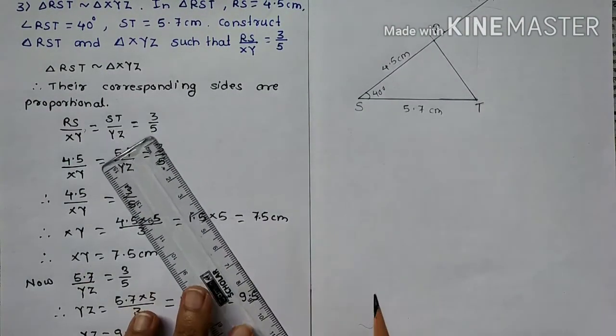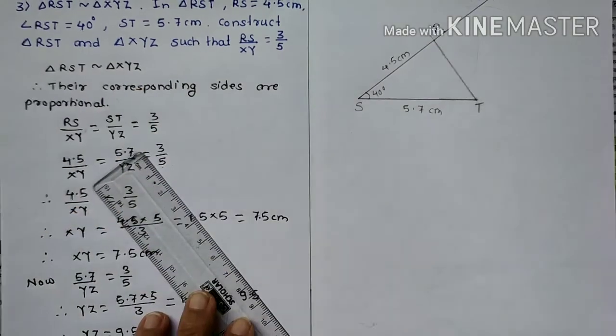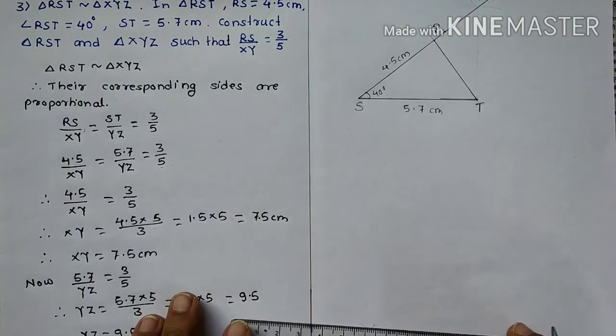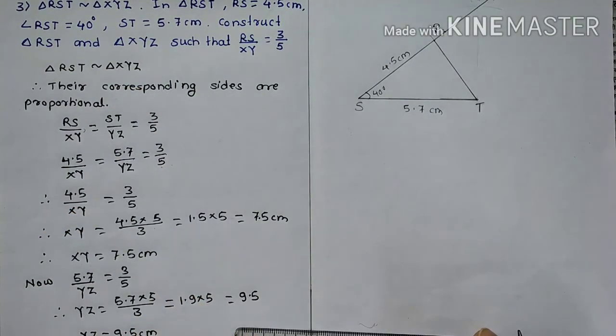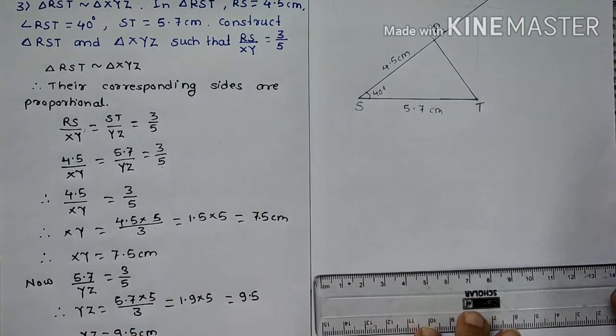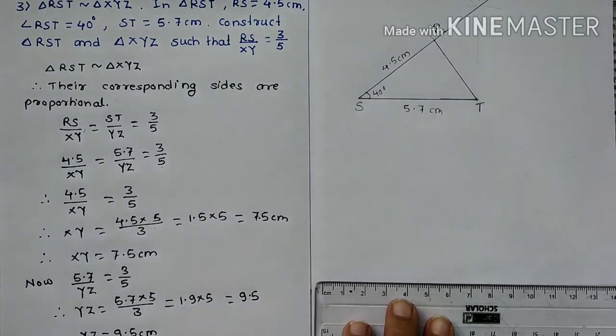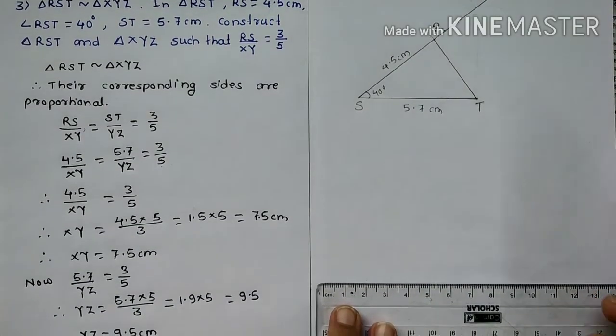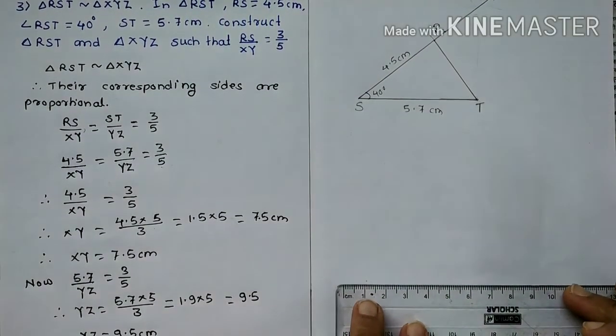Similar way we can construct triangle XYZ. Okay, length of YZ is 9.5 centimeter.